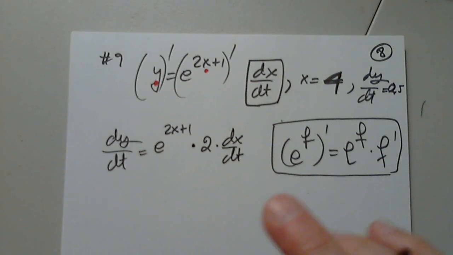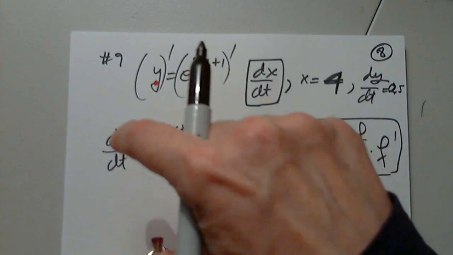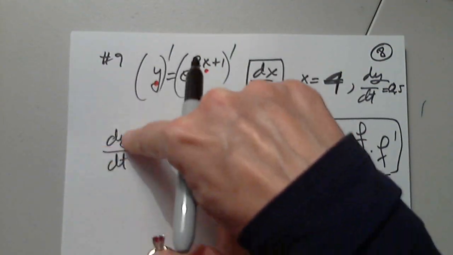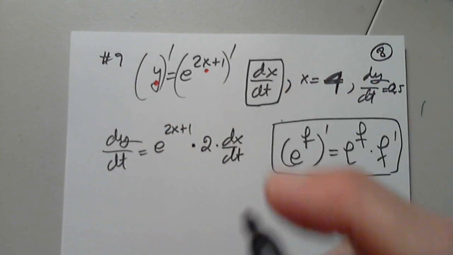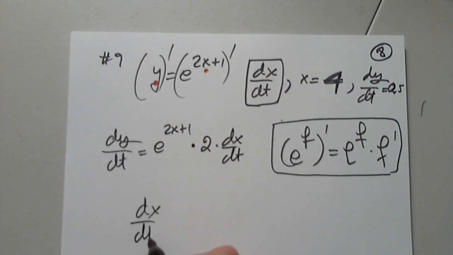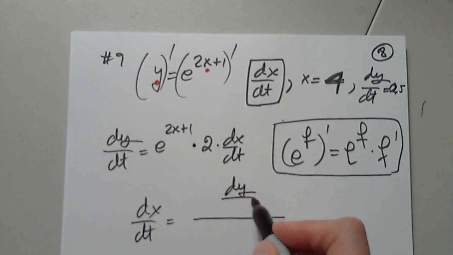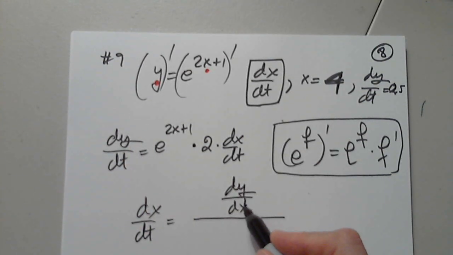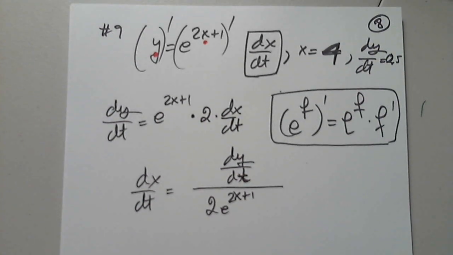So now they don't want this, but they want this. No problem. To solve for this, I will divide this piece as is by this. So dx over dt is dy over dt over 2 times e to the 2x plus 1. Done.